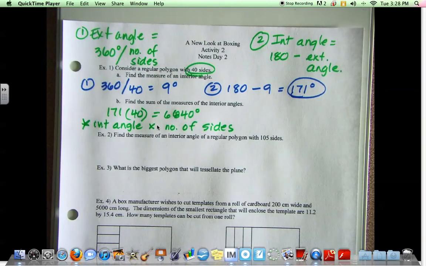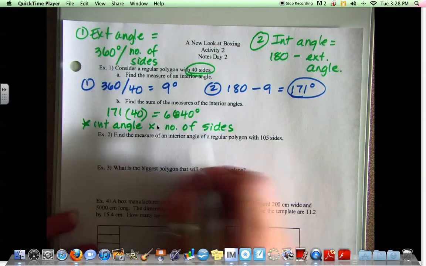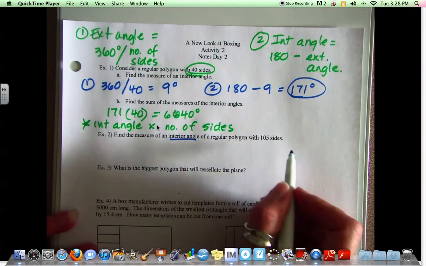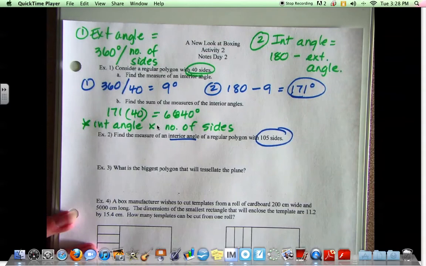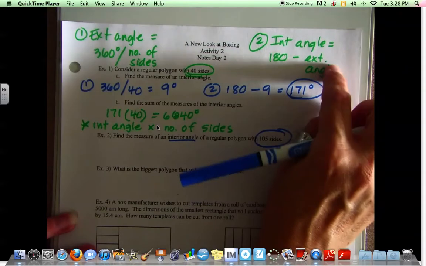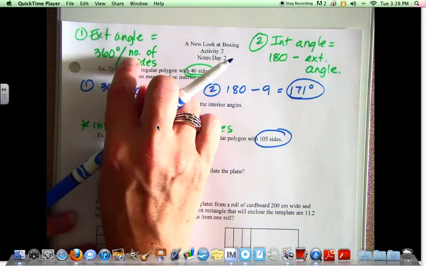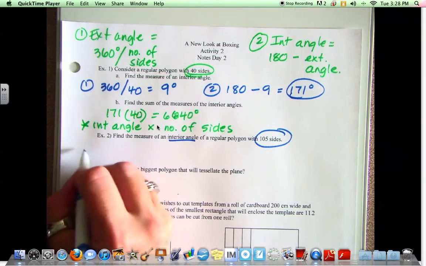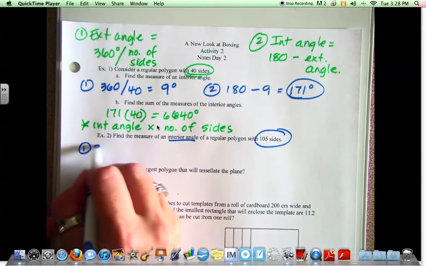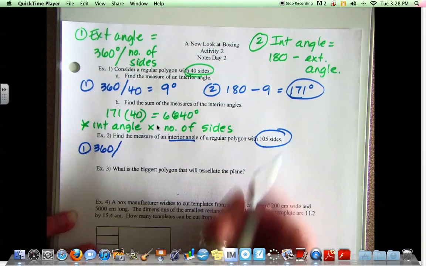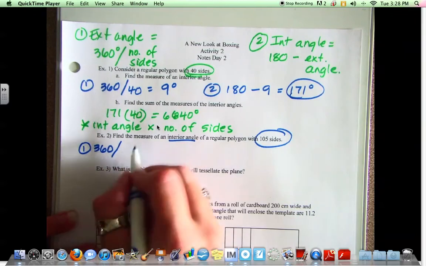Example 2, find the measure of an interior angle with a regular polygon of 105 sides. So we're being asked to find the interior angle, and it has 105 sides. We need to use this formula, but we need to find the exterior angle first. So we have 360 degrees divided by 105.